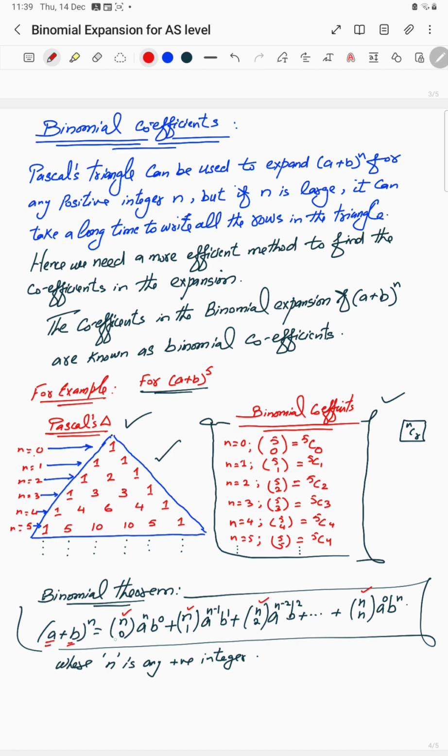As we already know the rule, successively a will lose 1 from its power, and b will gain 1 in its power till the last term, right? So we will solve a few questions to understand more about the binomial expansion.